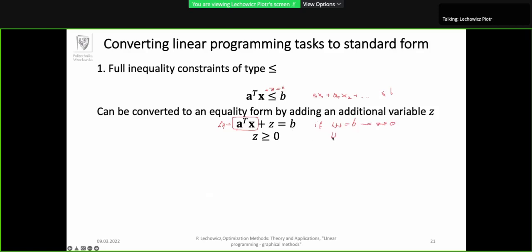If, for example, the left-hand side is lower than b, it's equal to b minus 5, then z is equal to 5, and again this equality is satisfied. So by introducing this variable, we can convert the inequality into an equality constraint.